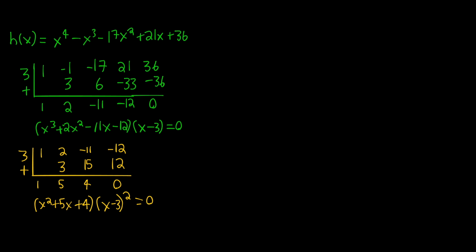If not, then I'd recommend going back and checking those out. But basically, this is going to factor into (x plus 1) and (x plus 4). And obviously we still have that (x minus 3) squared is equal to 0. So what we find is that the factored form of h(x) is equal to (x plus 1)(x plus 4)(x minus 3) squared.